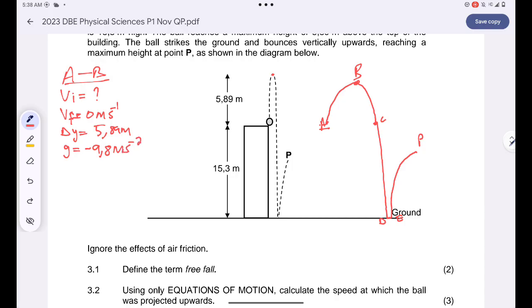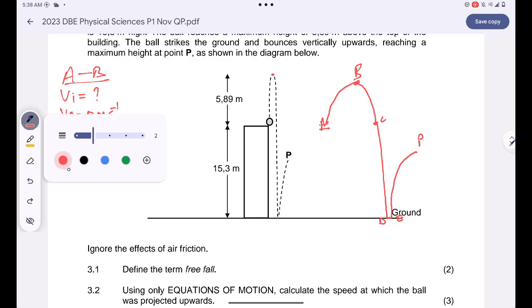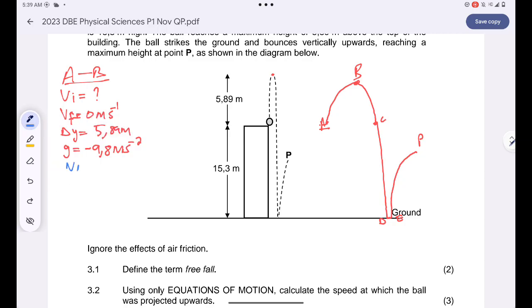Now they want me to find the initial velocity of the ball. I can simply use the second equation, which says v squared is equal to vi squared plus 2g delta y. I know that v is 0 meters per second.